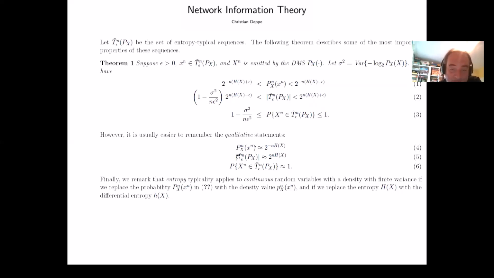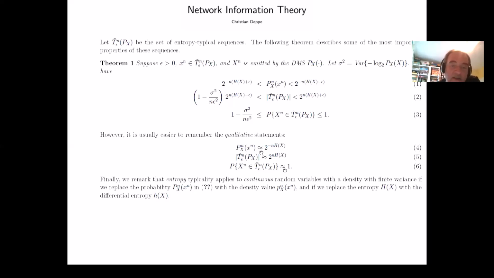The second property is that the cardinality of the set of typical sequences is approximately 2 to the n H(X), so the entropy of X. And the last property is that the probability that a sequence is in the set of typical sequences goes to 1 if n goes to infinity.